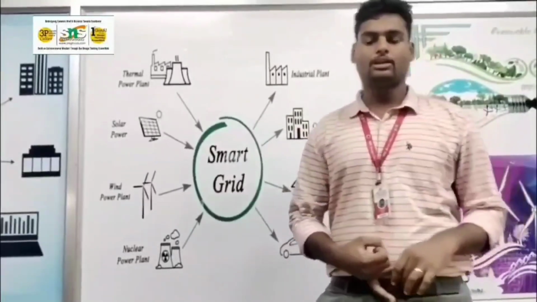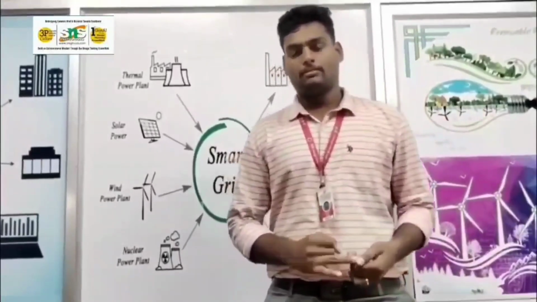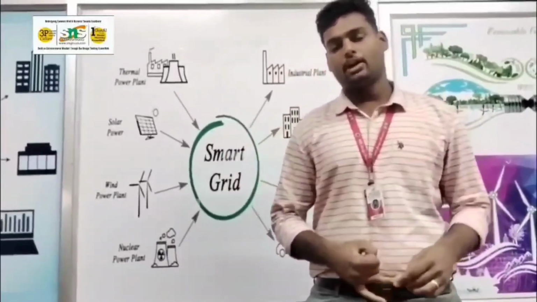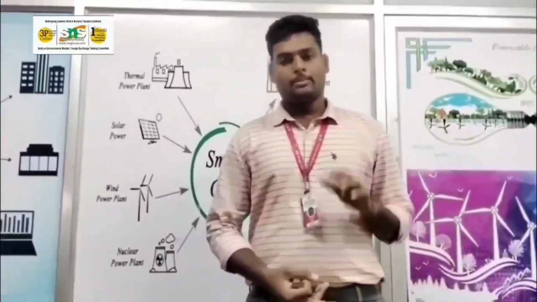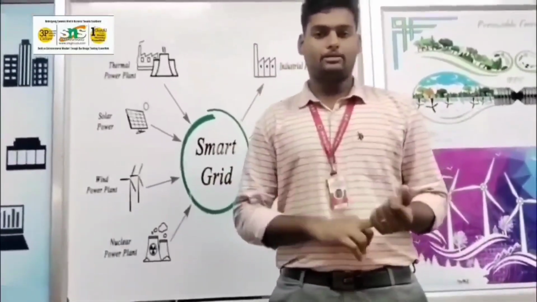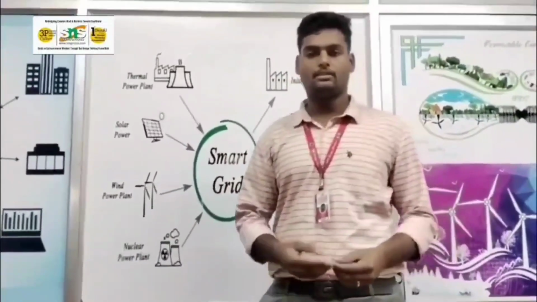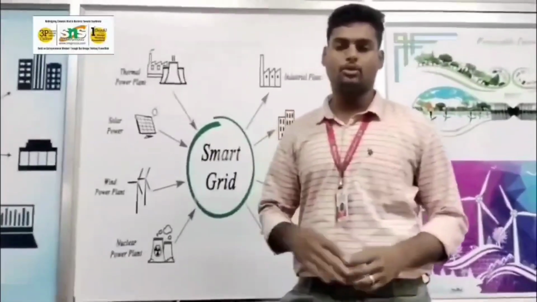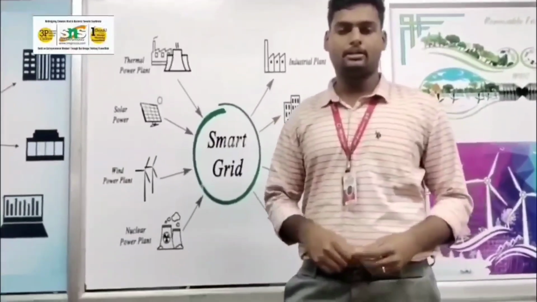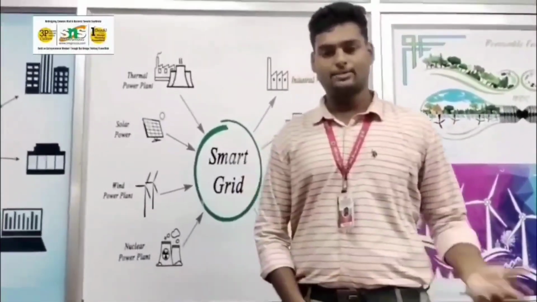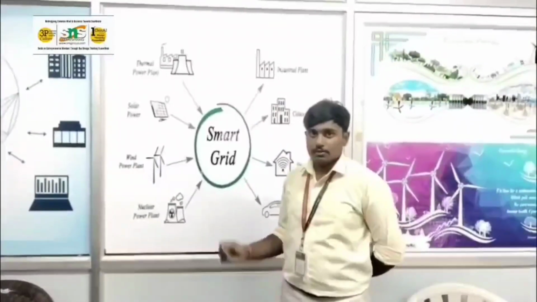If any fault occurs in the conventional grid, we cannot find it automatically. There are so many power thefts that occur, so we can move to smart grid. The next part will be explained by Mr. Abhishek.